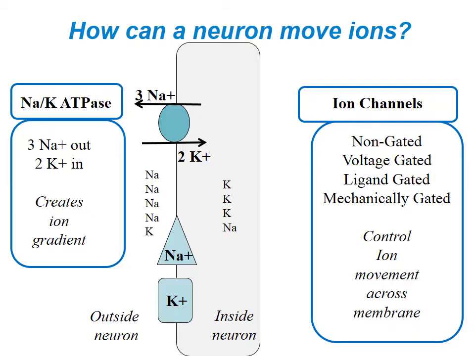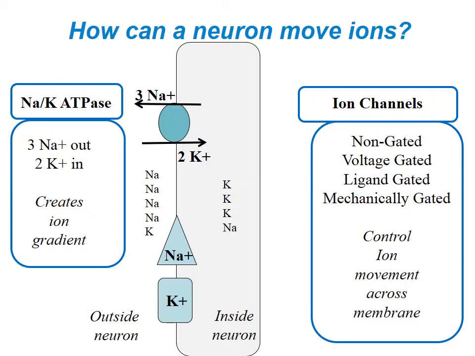In a few turns, we will see more sodium outside the neuron, but more potassium inside the neuron. Notice how the numbers are not balanced. The pump moves 3 positive ions outside, but only 2 positive ions back inside.